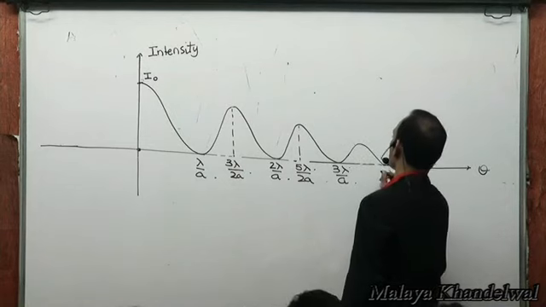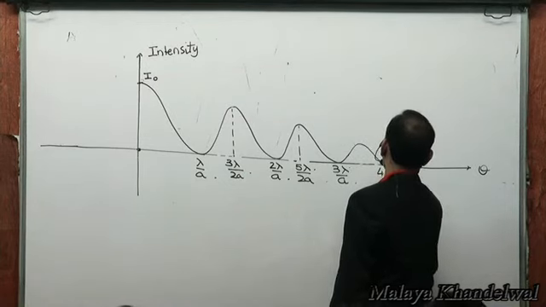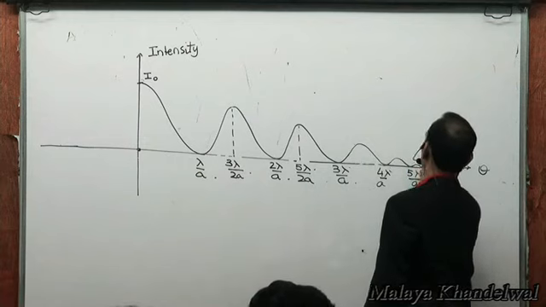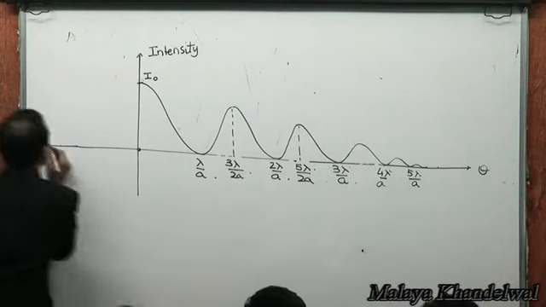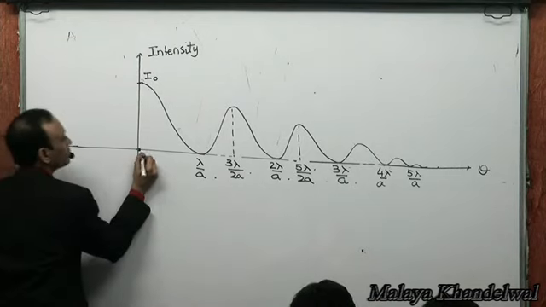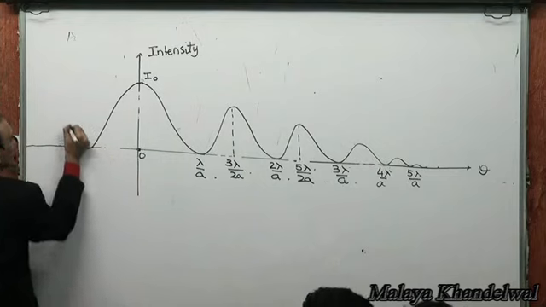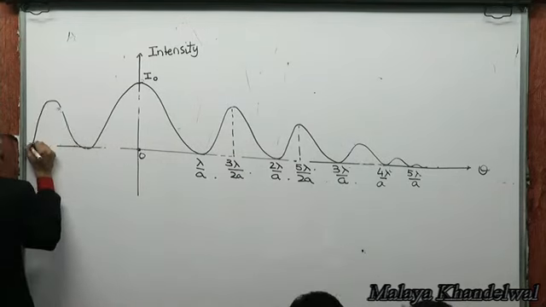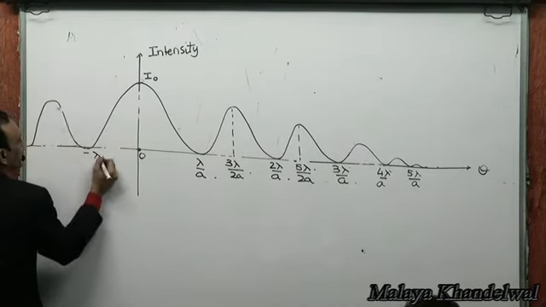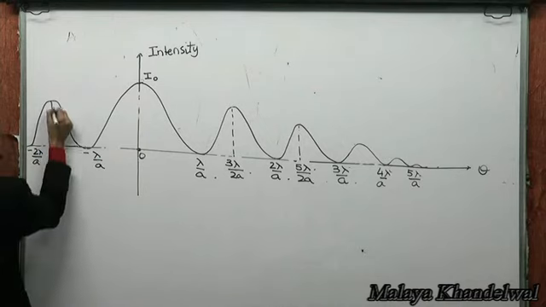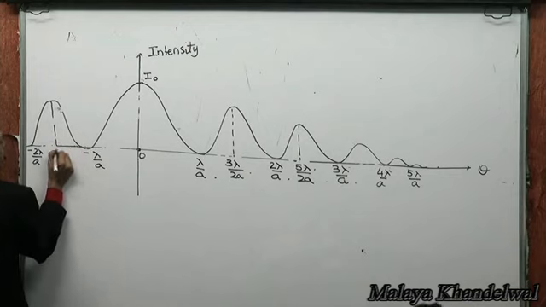This will be the graph. Is that okay? And similarly on this side, a symmetric graph on this side. Minus lambda by A, minus 2 lambda by A. Symmetric graph on this side about the intensity axis.